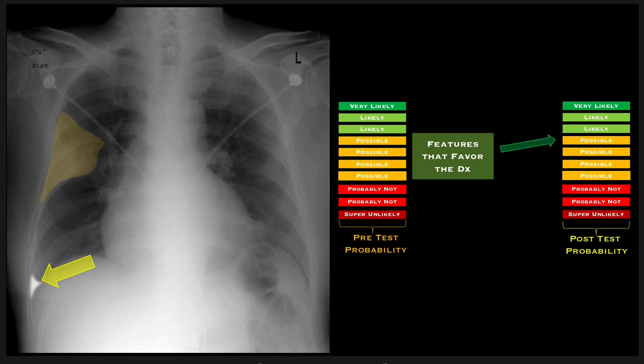So this is actually a Hampton's hump, which is a chest x-ray appearance of a pulmonary infarct in a patient with a PE. Now don't make the mistake of thinking that you need to have something like this to have a PE. This is in textbooks. It's very uncommon in my experience to actually see the Hampton's hump.